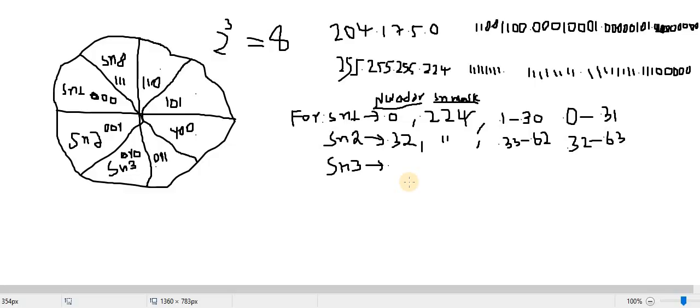For subnet 3, the network address will be 0, 1 and 6 zeros, which is 64. To make it easier, let's start from the range. So the range of IP addresses for subnet 3 will be from 64, the network address, up to the broadcast address. So again, the broadcast address is 0, 1, 0 and then 5 ones, which is 95.